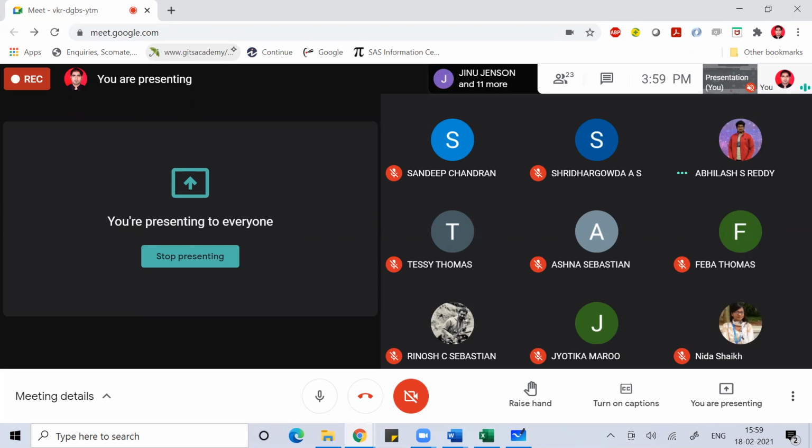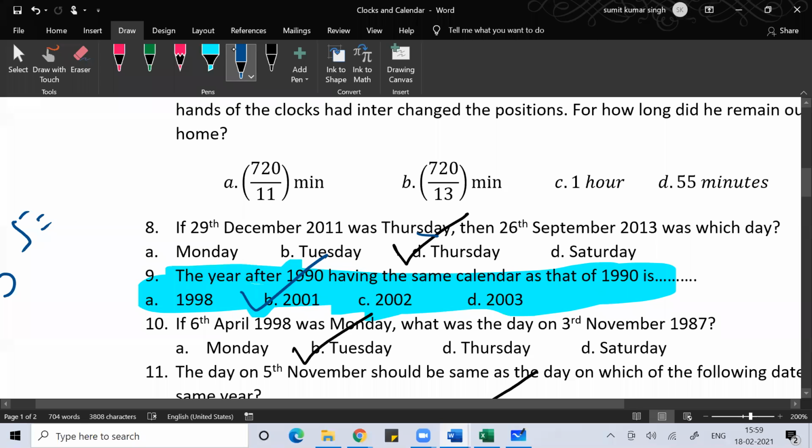Abhilash, anyone? Asna, Feba, anyone, any doubt? Jyotika, Nida, Sandeep, any question you want to ask? Fine.